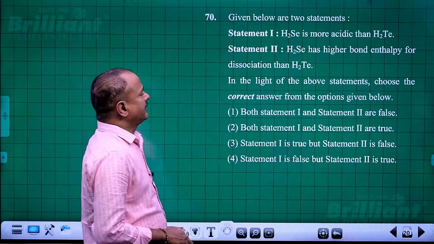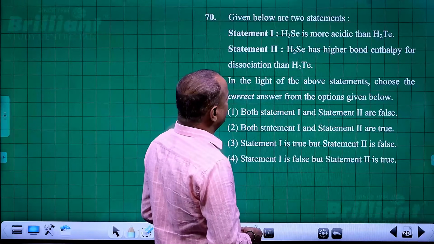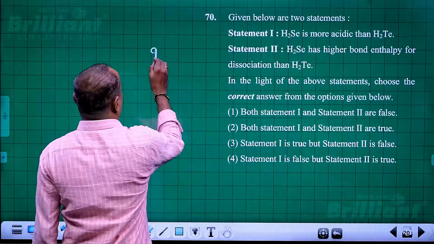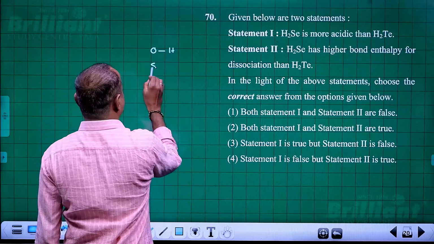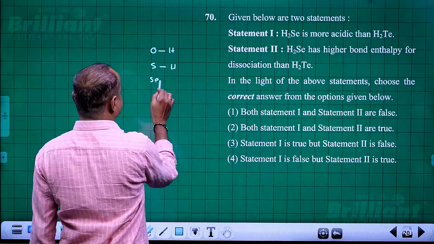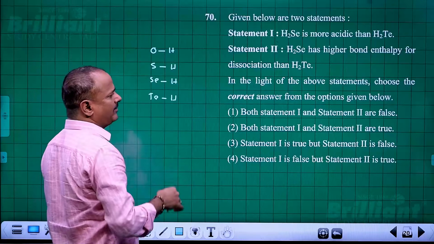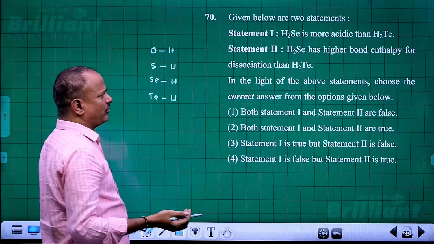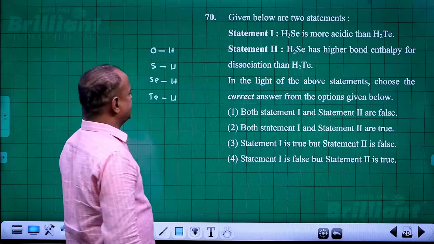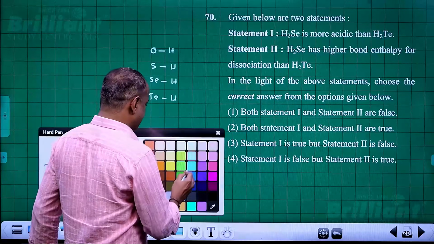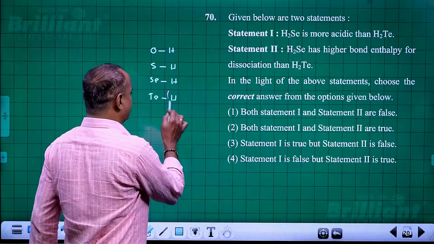Next, question 70. Statement 1: H2Se is more acidic than H2Te. OH, SH, SeH, TeH. Down the group, atomic size increases, bond length increases, bond energy decreases. That's why it is easy to lose H plus; removal of H plus from tellurium is easier.